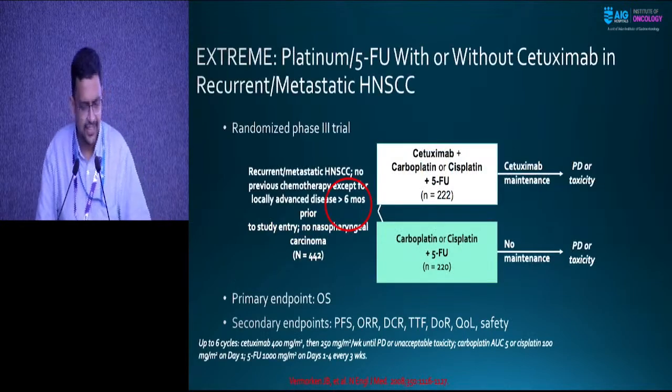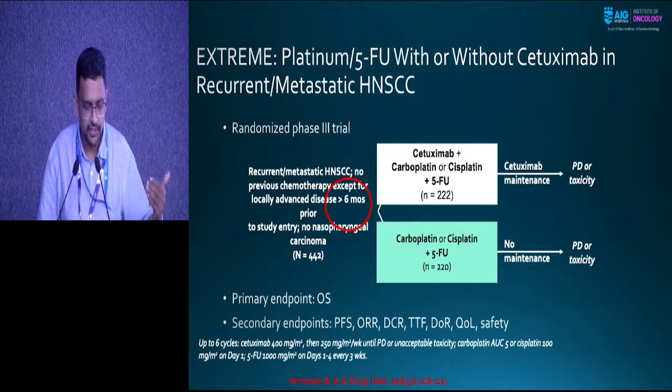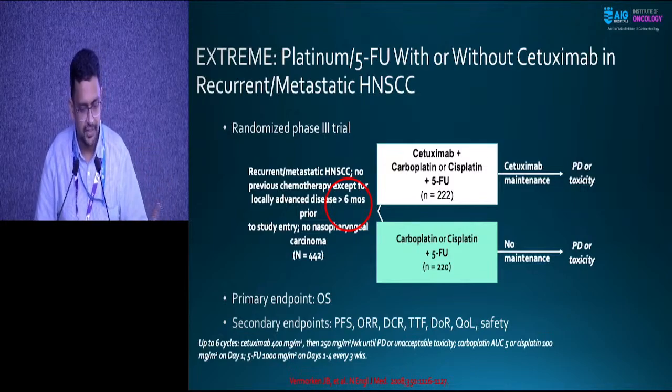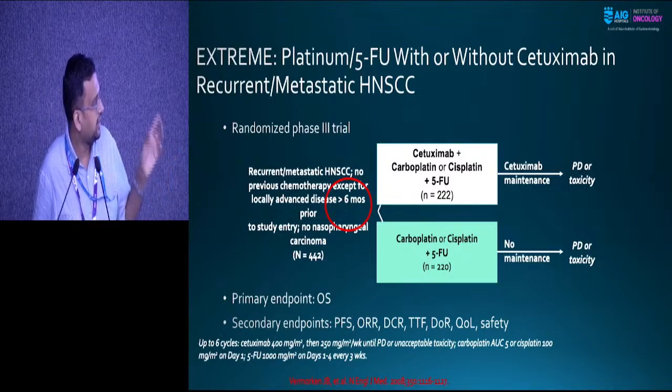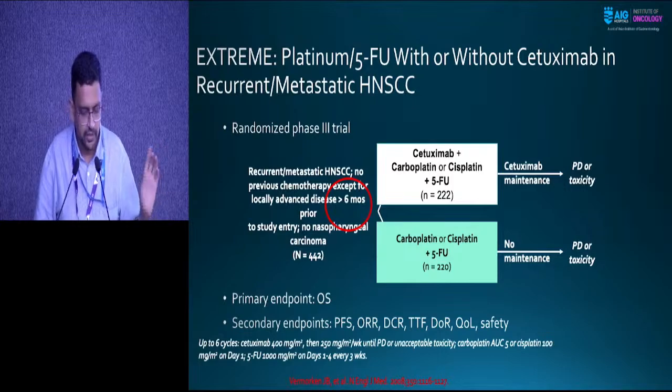The baseline started with the EXTREME protocol, which was pretty much in the past. A lot of people who have passed out would have been much before that time. Importantly, this trial of cetuximab plus platinum plus 5FU was done only in patients who had platinum sensitive disease, more than 6 months, as I've highlighted. You give cetuximab plus carbo or cis plus 5FU versus only chemo.